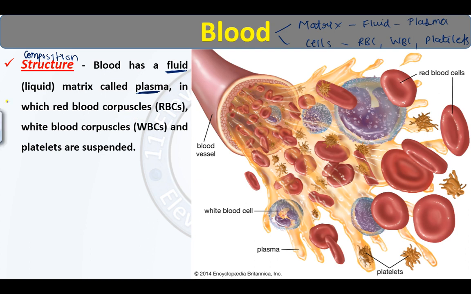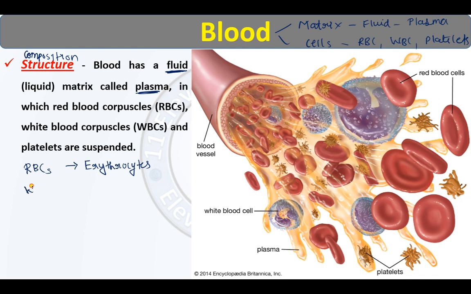So 2 things: the structure of the blood matrix is fluidic, called plasma, and there are 3 types of cells: red blood cells, white blood cells, and platelets. Now just for your information, I would like to give you some extra data which you just have to remember for general knowledge. Red blood cells are also known as erythrocytes.